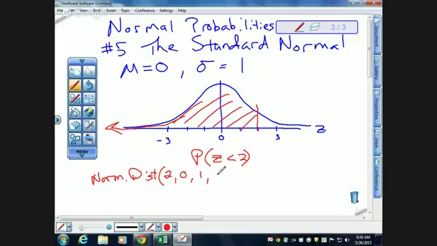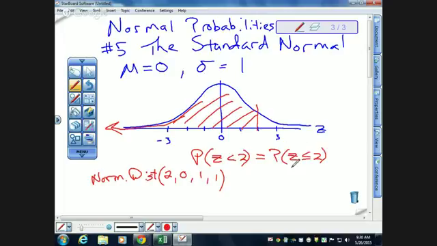Do we ever do not cumulative with a normal distribution? No. Never, ever, ever. If it's less than 2 instead of less than or equal to 2? An individual number is insignificant. So the probability that z is less than 2 is exactly the same as the probability that z is less than or equal to 2. An individual number doesn't matter. So those two are the same.